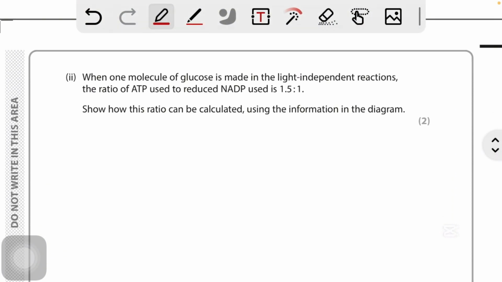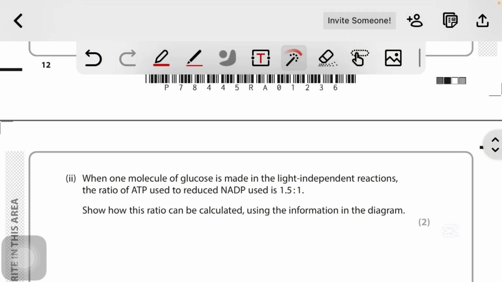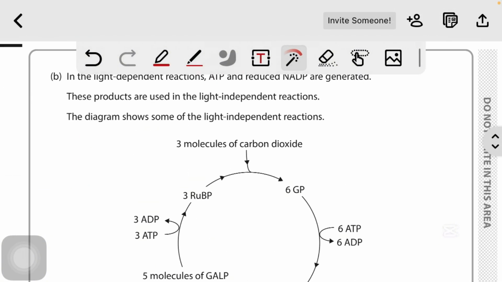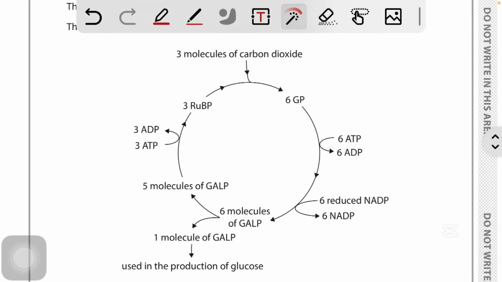One molecule of glucose is made in the light independent reactions. The ratio of ATP used to reduced NADP used is 1.5:1. Show how this ratio can be calculated using the information in the diagram. To produce one glucose we need 2 cycles.